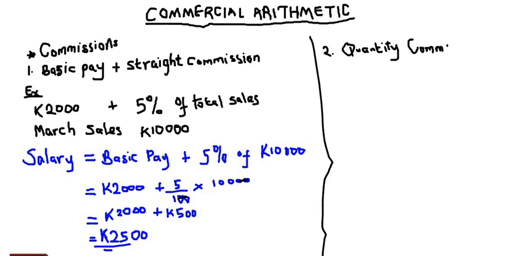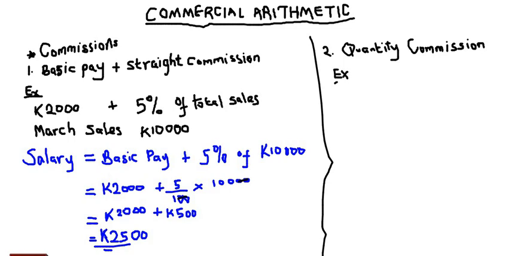So whatever percentage of the sales or whatever fraction of the sales is agreed as the commission payment, that is what the salesperson is going to receive.